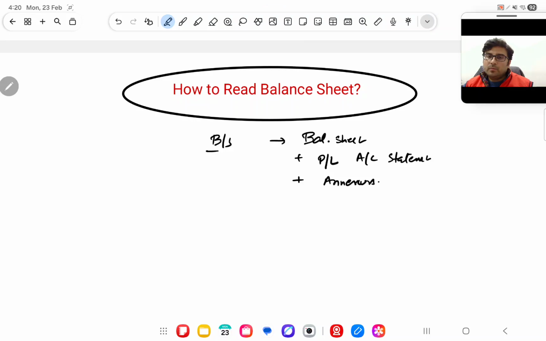Now here we will try to prepare one balance sheet, because unless you know how the balance sheet is prepared, you will not be able to read it. Are you getting me? So we'll prepare one balance sheet, then only we'll jump to some practical live examples so that you can understand it clearly.